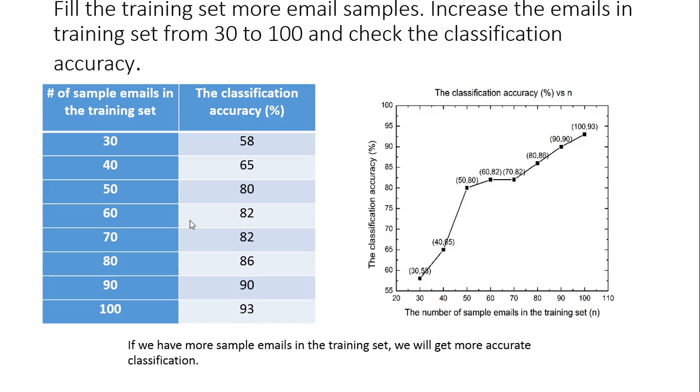Okay, to fill the training set with more email samples, we increase the emails in the training set from 30 to 100, and check the classification accuracy. From the table here and the image here, we can see if we have more sample emails in the training set, we will get a more accurate classification.